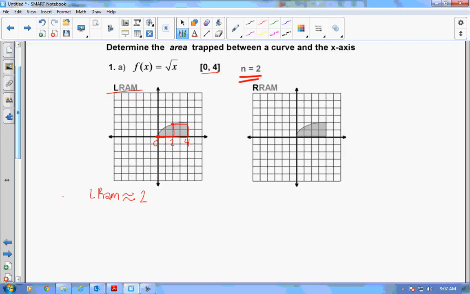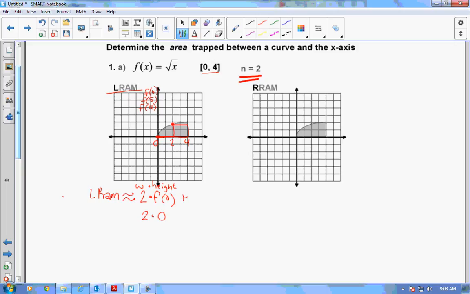So 2 times the height is however high it goes up on, like this here is 1, 2, 3, 4, 5, 6. If we went all the way up there, that would be like f of 6, f of 5, wherever the function is at f of 0. And in our case, we know that f of 0, that height, was 0. So this is our width times our height, or length times width.